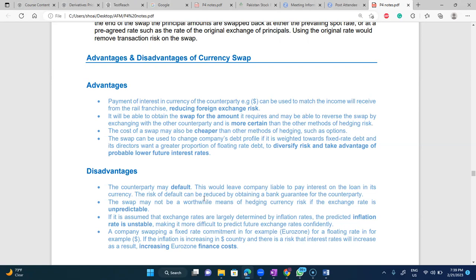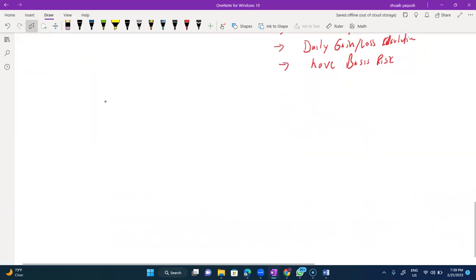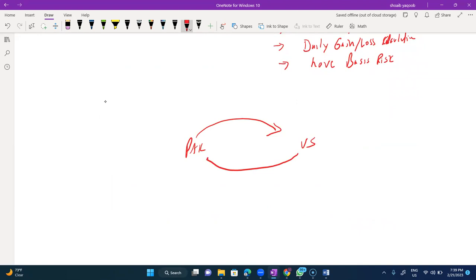For example, if we are sitting in Pakistan and the other company is in the US, Pakistan wants to invest in the US, and the US wants to invest in Pakistan. So using the currency swap, you can reduce the foreign currency risk. For example, how?